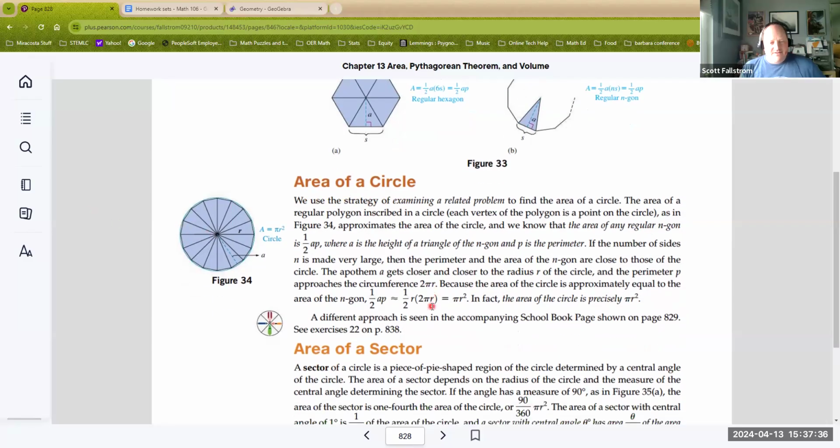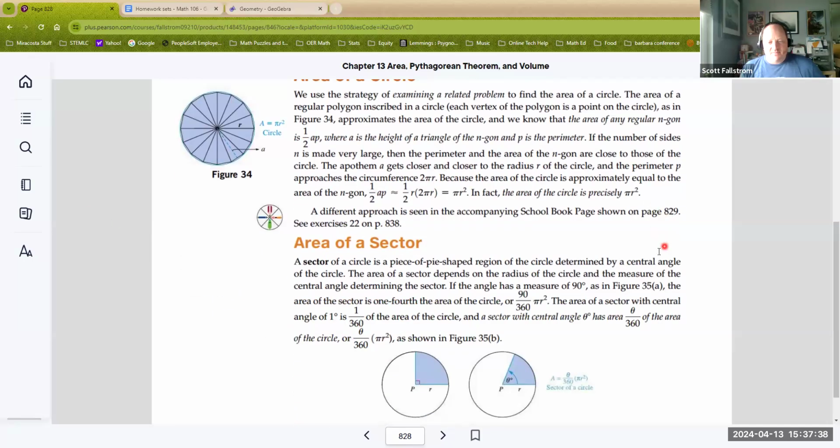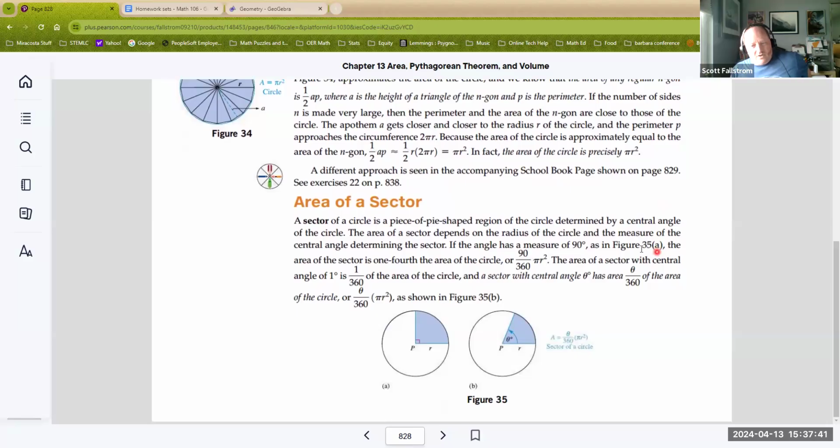Okay, so let's take a look here, and we'll see it on page 829. But again, if you have that idea, the idea that the area of a circle is pi r squared, we can use that to find the area of a sector. Remember, a sector is a fraction of the circle.